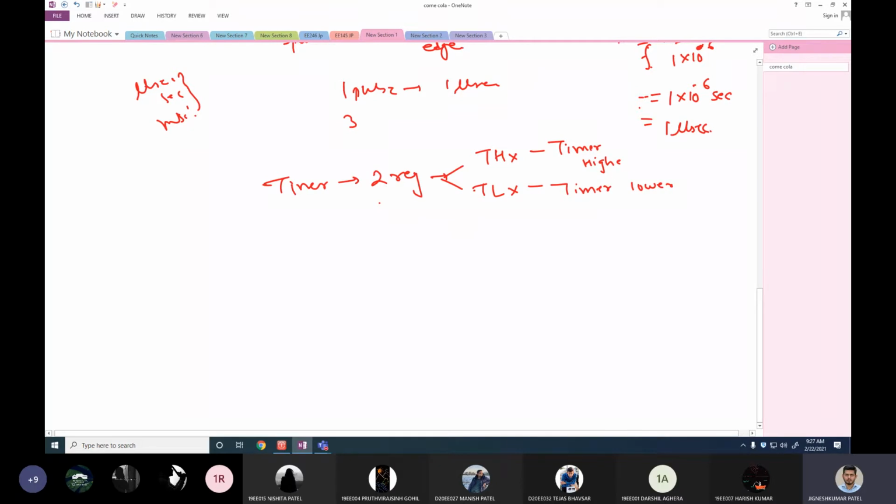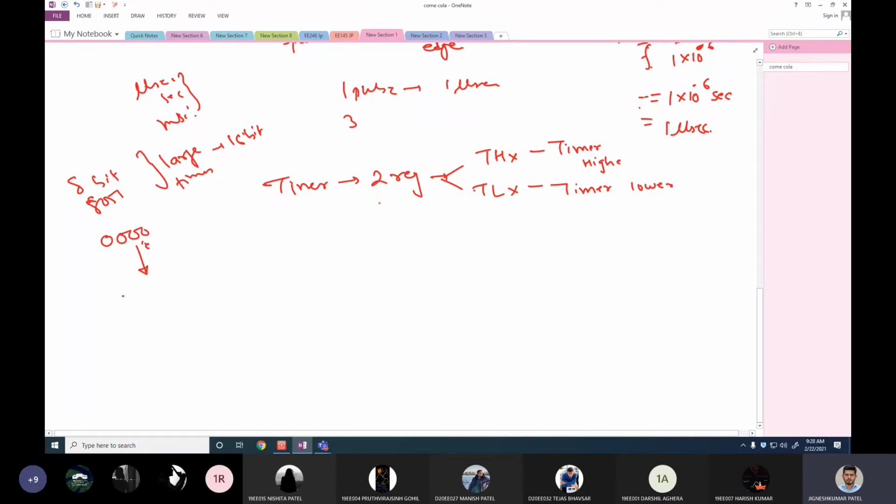What's the difference between these? There is no difference, as you have only 8-bit processing power with your 8051. That's why, to calculate large times, you have a 16-bit formation in two 8-bit registers, and combined they work as a 16-bit formation. So your timer can start with 0000 and it can go up to which number?